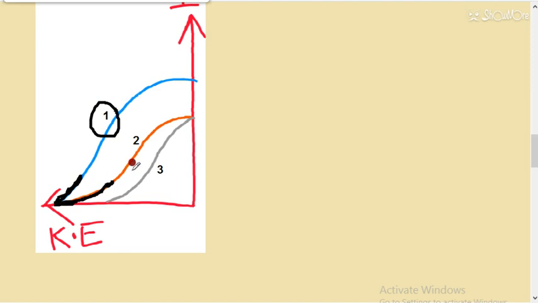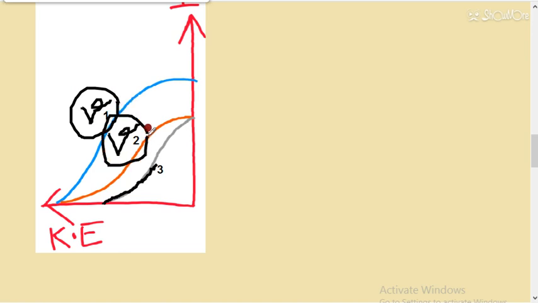That means the frequency of radiation 1 and the frequency of radiation 2 are equal because the kinetic energy is the same, and the kinetic energy is less for the third radiation. So I have got the answer for question number 3. Frequency 1 is equal to frequency 2 because in these two cases the kinetic energy is common. Here you can see kinetic energy is common. So mu1 and mu2 kinetic energy is the same.